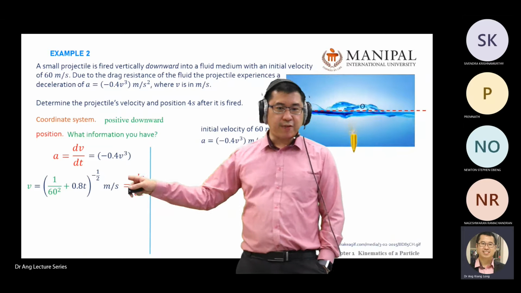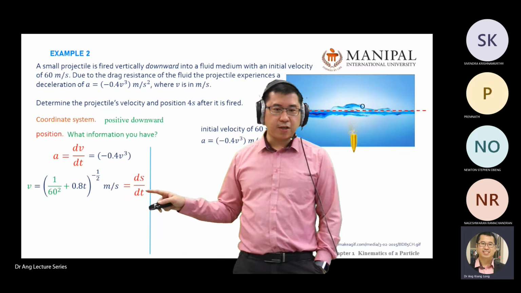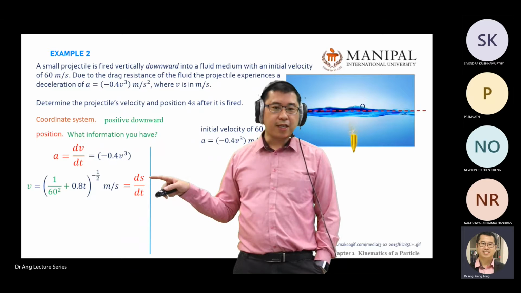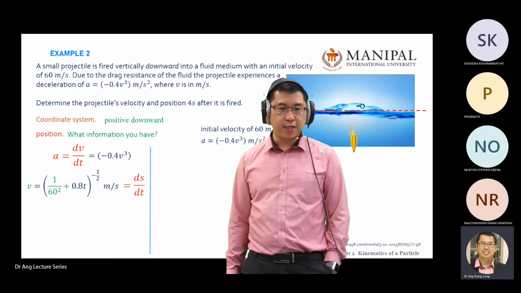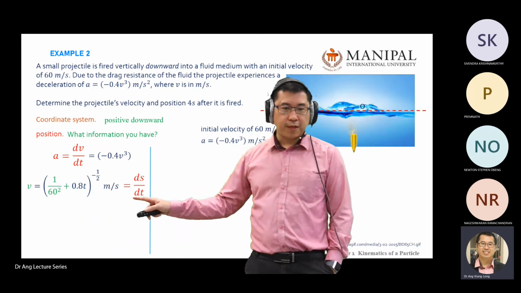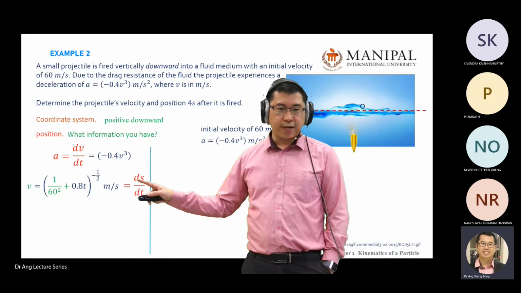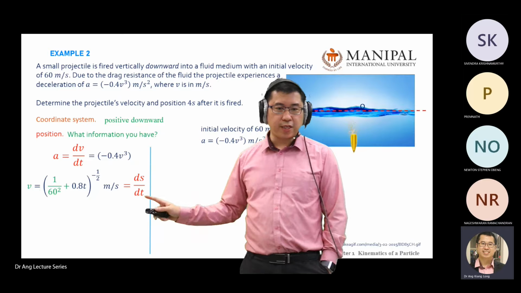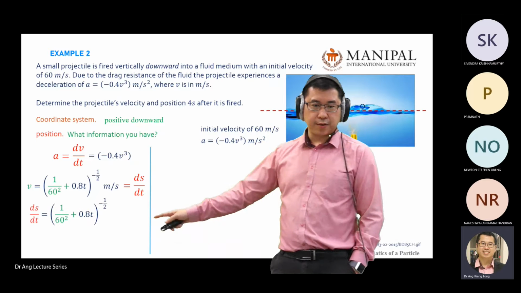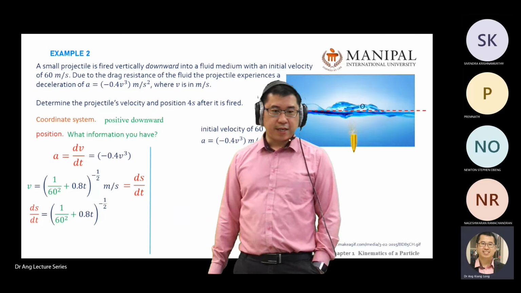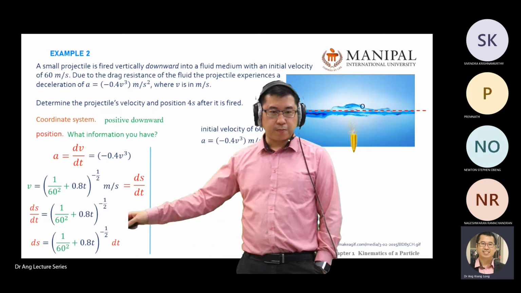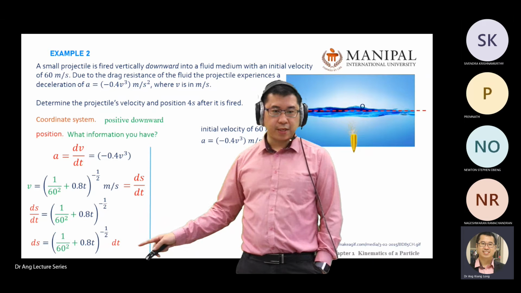So V, the definition of velocity, or instantaneous velocity definition, will be ds over dt. Rewrite this equation, pull dt to the left, and you have ds equals v dt, and you do the integration. You pull the dt to one side, you get this one.